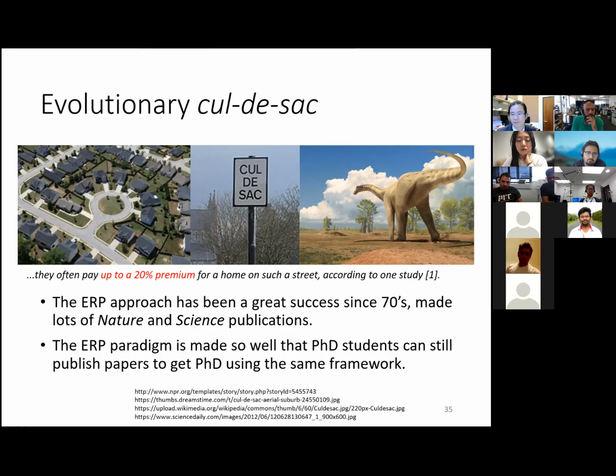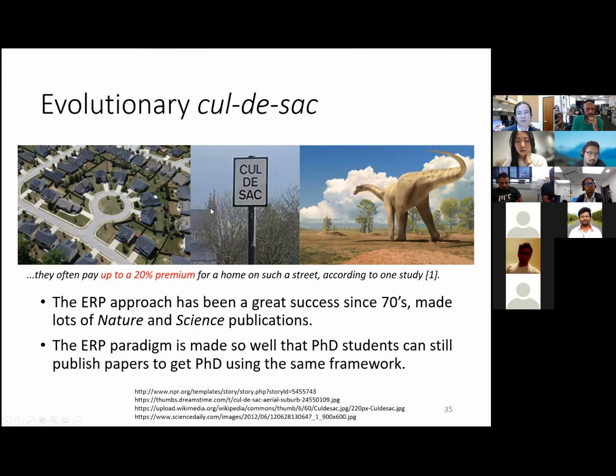Who knows? So in order to allow such possibilities, we want to get out of this cul-de-sac. A cul-de-sac is this kind of place. This road is closed, and there is even a statistic that houses in the cul-de-sac are usually 20% more expensive than those outside the cul-de-sac.